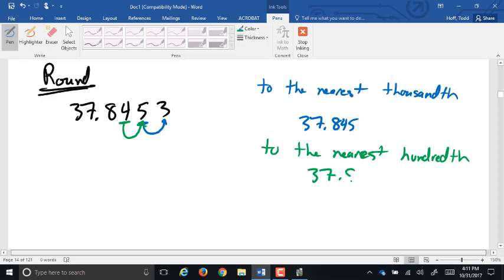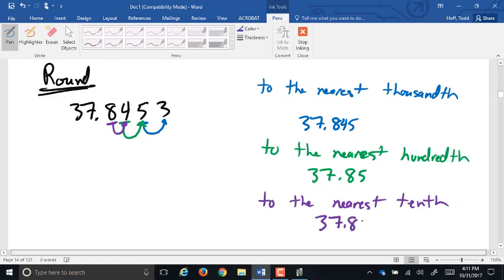That is a 5, so we round up. So 37.85. What if we said to the nearest 10th? What digit's in the 10th place? The 8. The next digit is a 4. Was that round up or stay the same?